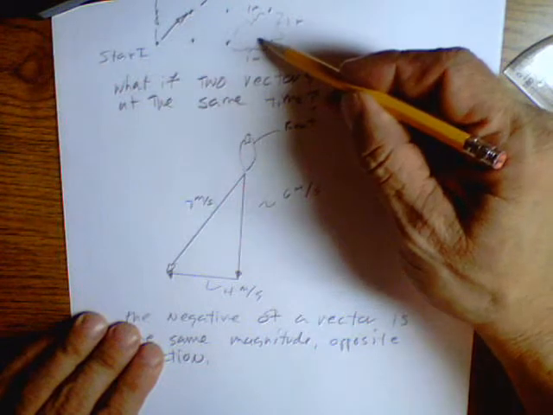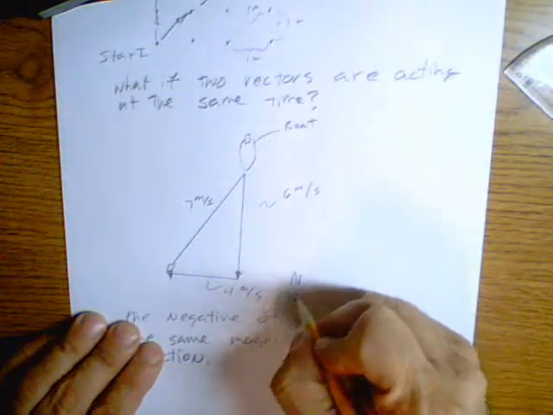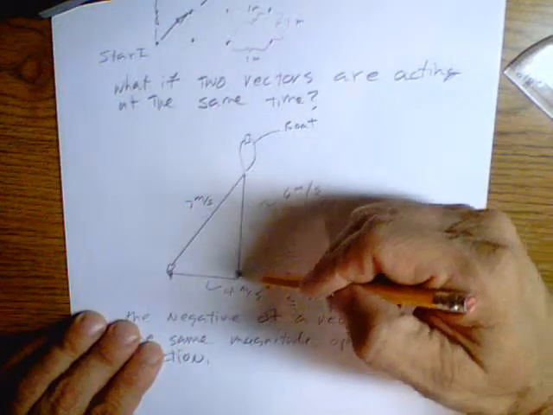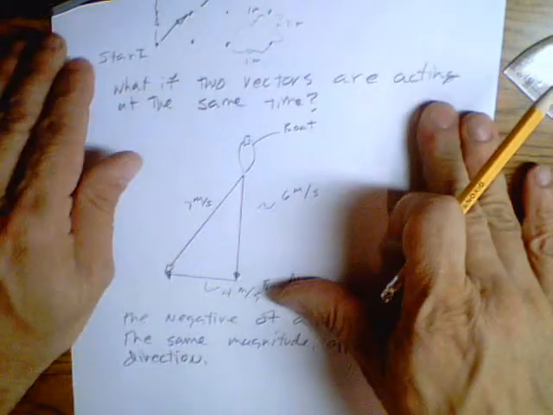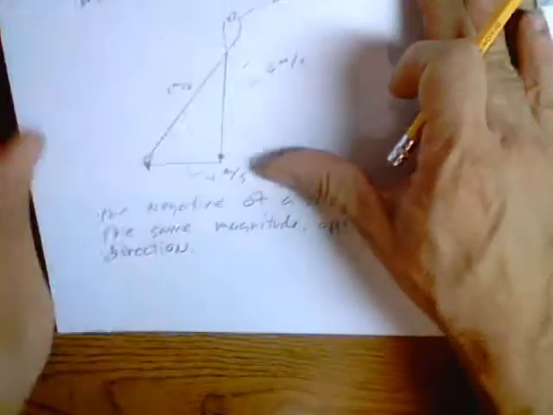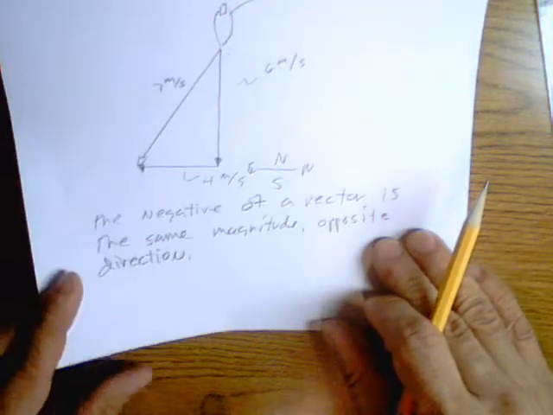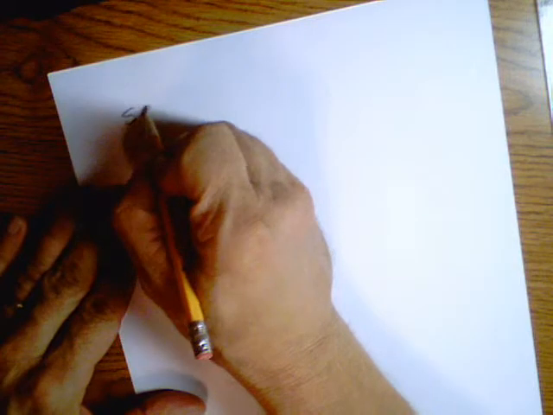Of course, we'll call this north, south, east, and west. The negative would be not south but north, 6 meters north. And then, of course, if you add a vector to its negative, you're just going to get 0. That seems clear enough. Let's take a look at the section reviews.